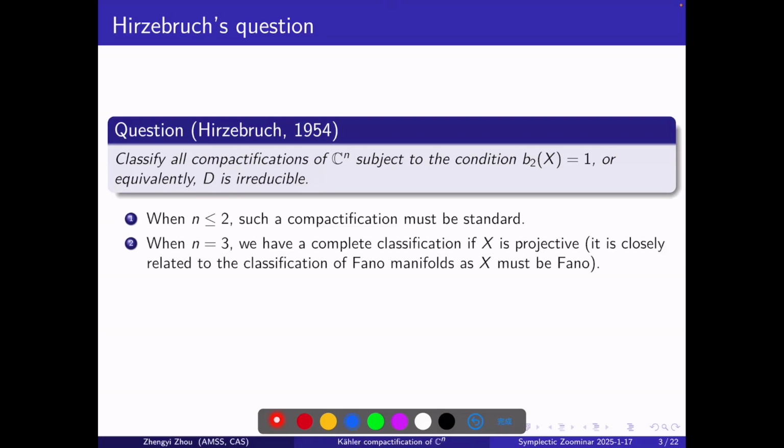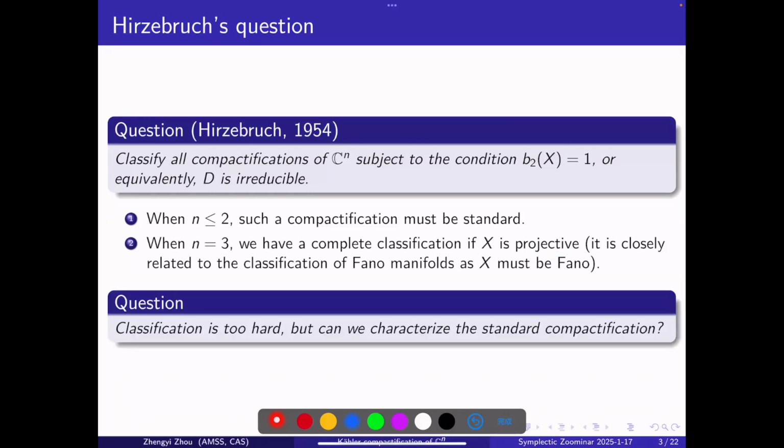But we have a better understanding of Fano manifolds in dimension 3, so we can go to the list to see whether we can find a C3 in it. So this problem is solved in dimension 3 with the assumption that X is projective, because in the original problem, we only assume that X is a complex manifold. Hirzebruch's original problem is only complex.